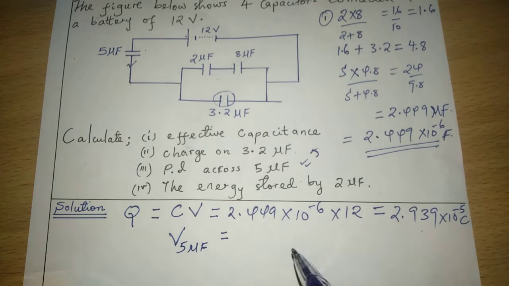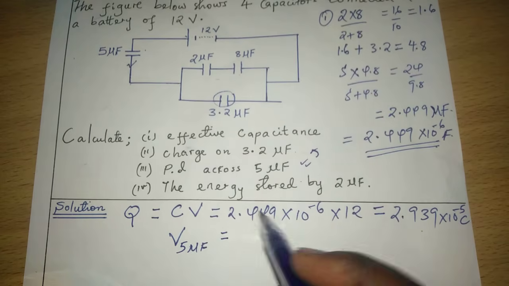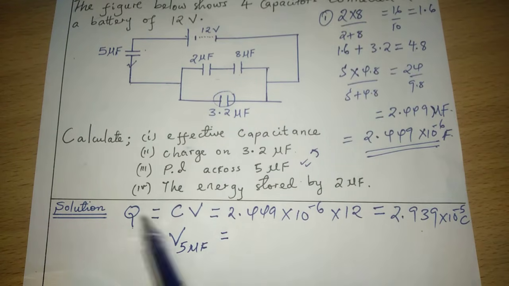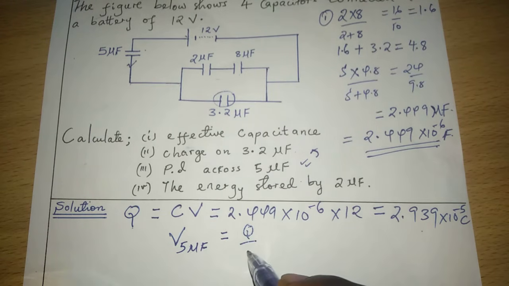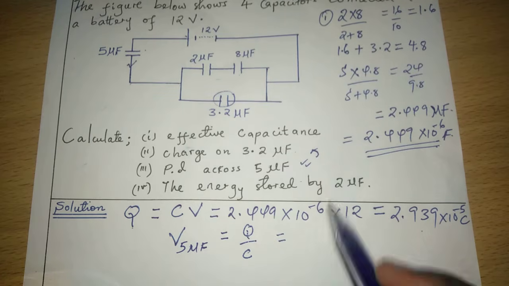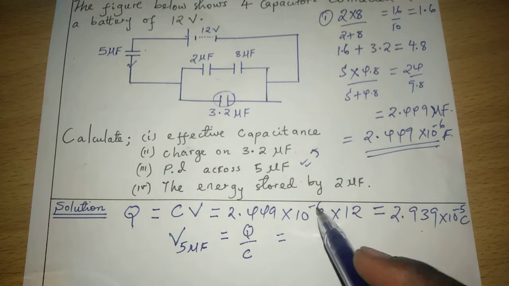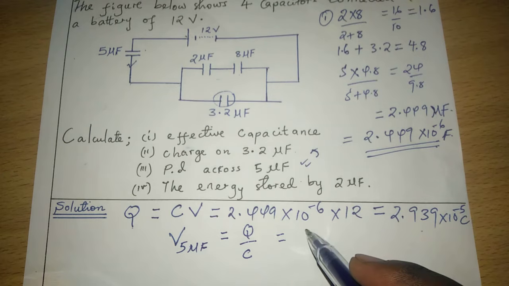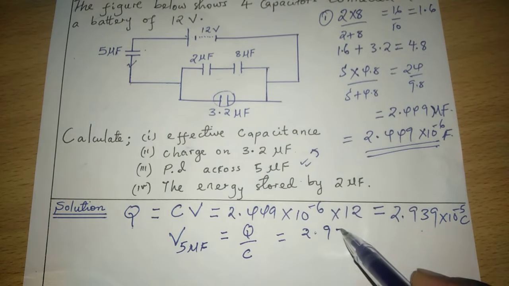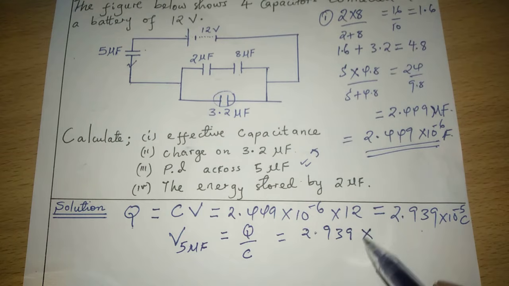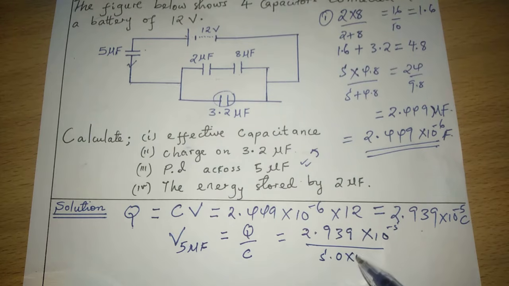So we can start with number 3, whereby in the 5 microfarad capacitor, because charge is given by Q = CV, to get V we need to divide Q by C. We have the charge, which is the total here, 2.939 times 10 power negative 5, and we divide it by the capacitance there, which is 5.0 times 10 power negative 6 farads.